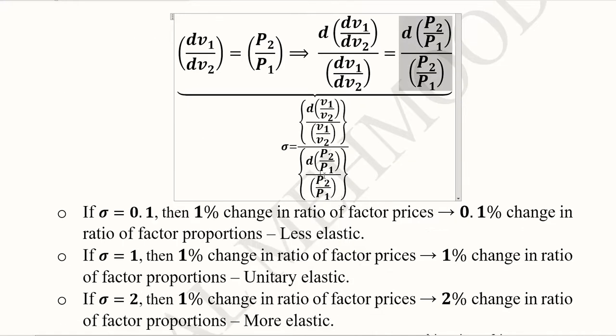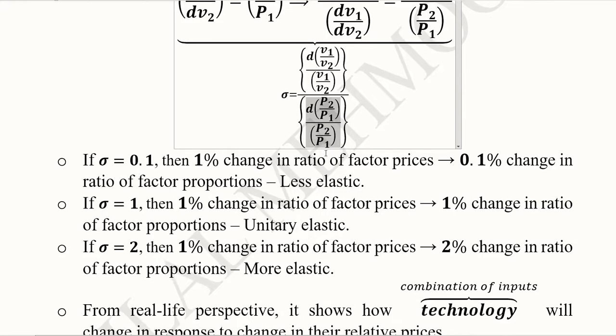So in this new version of the formula, you can see that instead of the slope of the isoquant term, we are using the ratio of the prices term. Here again P1 is the price of V1 and P2 is the price of V2, the factors of production. Now this is the second formula of the elasticity of substitution.